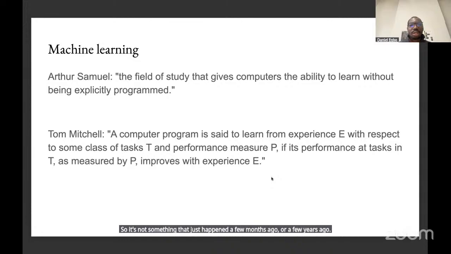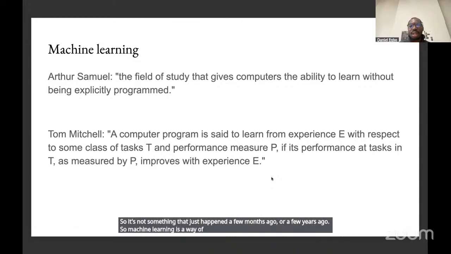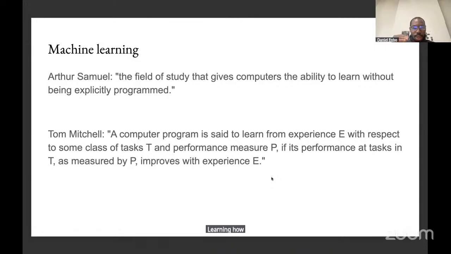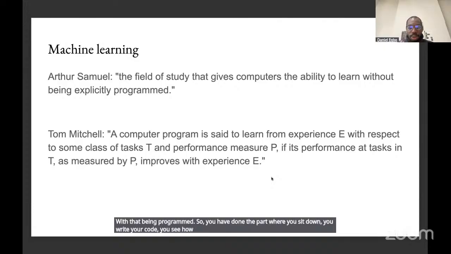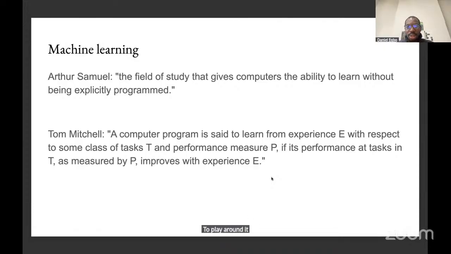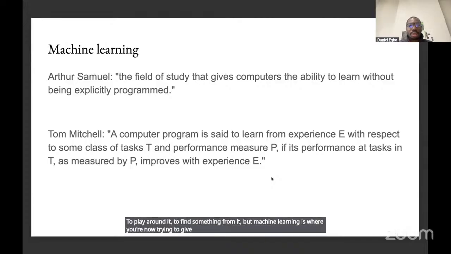Machine learning is a way of computers learning from data without being programmed. You have done the parts where you sit down, you write your code, you see what you can do to play around with data to find something from it. But machine learning is where you're now trying to give computers the ability to do this learning themselves.